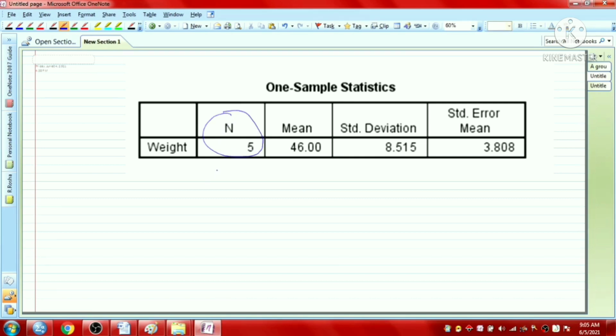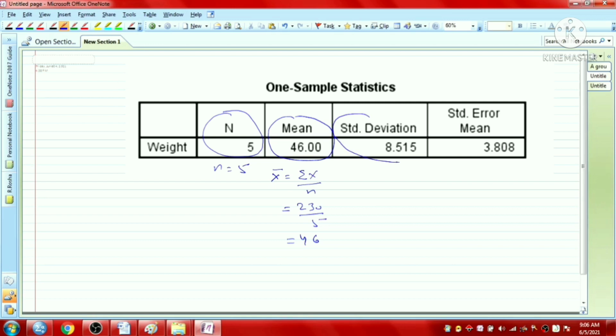First one is n equals 5, which is the number of observations as given in the question. Second one is the mean. Mean is the sum total of the observations divided by n, meaning 230 divided by 5 equals 46, as we have done in the pen and paper example. Then standard deviation.